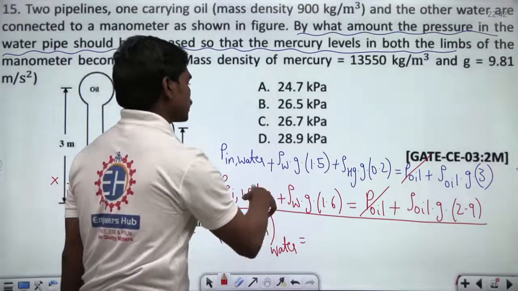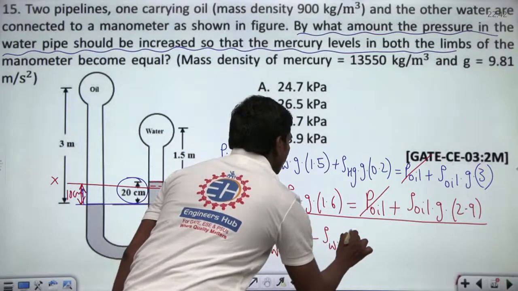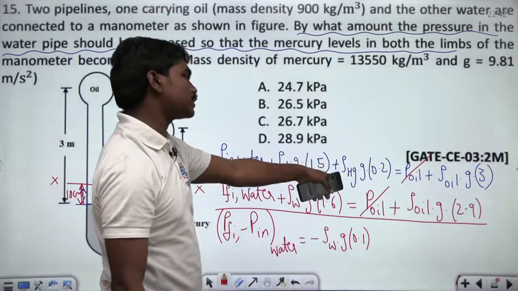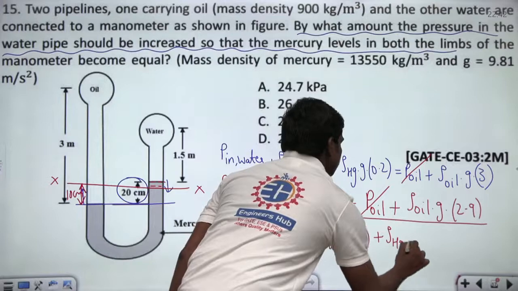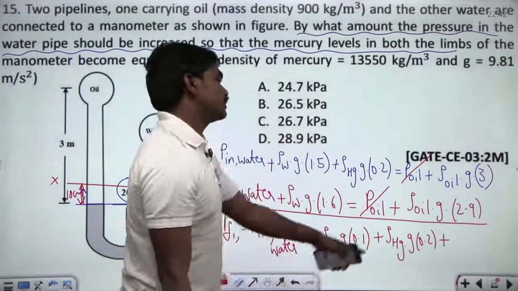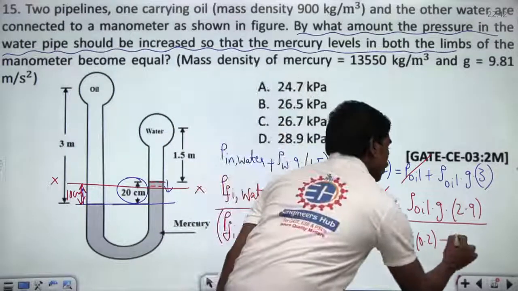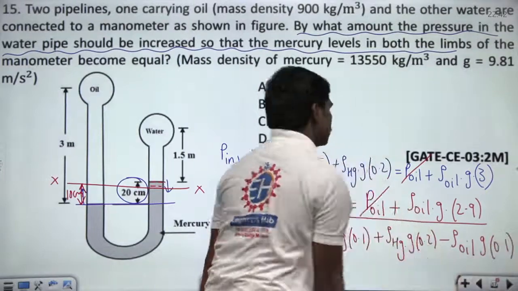If you come onto the right hand side, minus rho water g 0.1, and this is minus actually. So if it comes onto the right hand side, this is plus rho Hg into g into 0.2, plus this minus that value, which is minus density of oil into g into 0.1. So this is the value which you need to calculate.